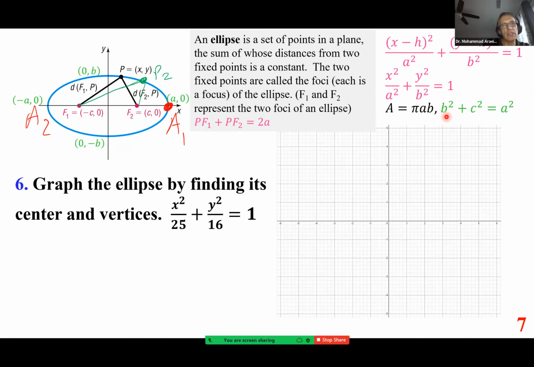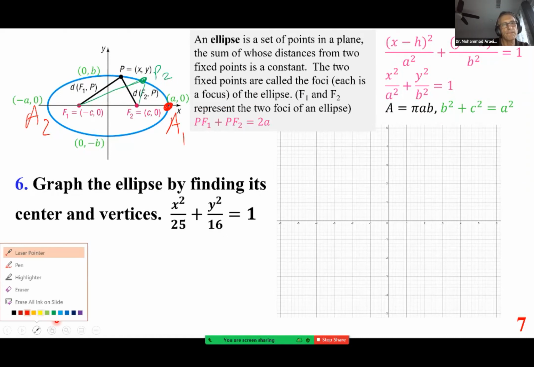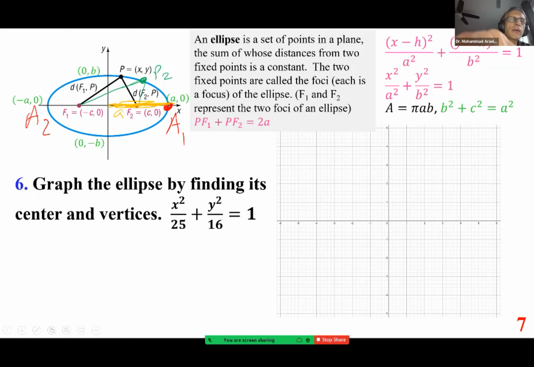In this case, because it's elongated along the x-axis, this distance is A. From here to here is A. This distance is B. Because it's elongated along the x-axis, A is larger than B. But if it's elongated along the y-axis, it may be the other way around. So you want to follow that accordingly.